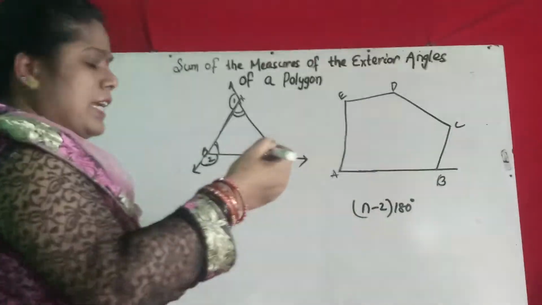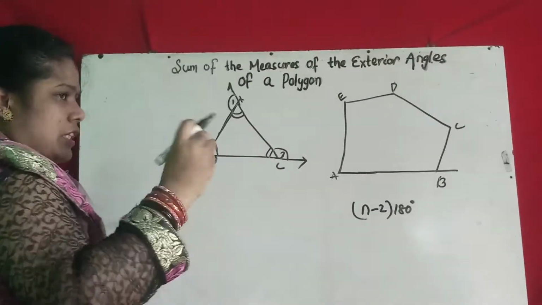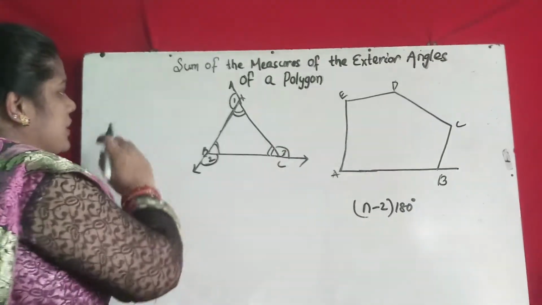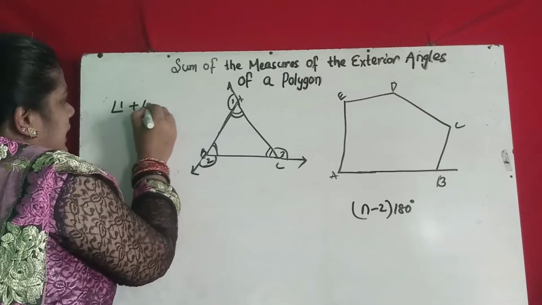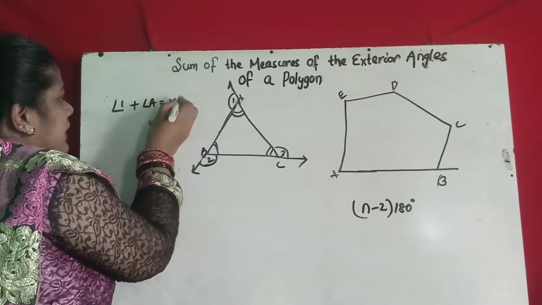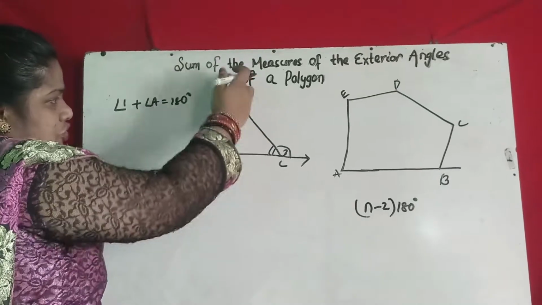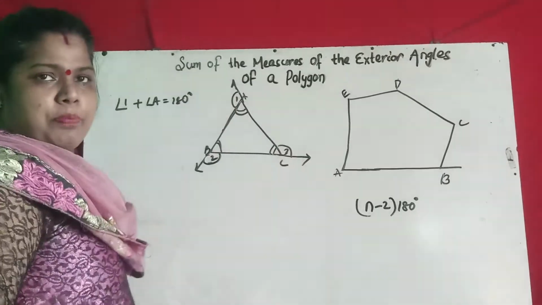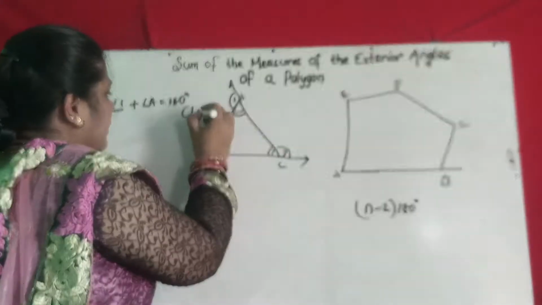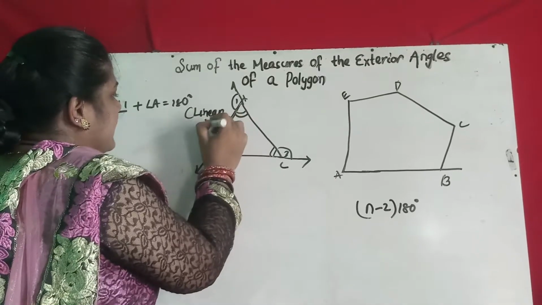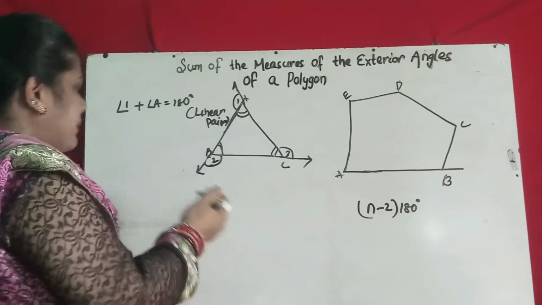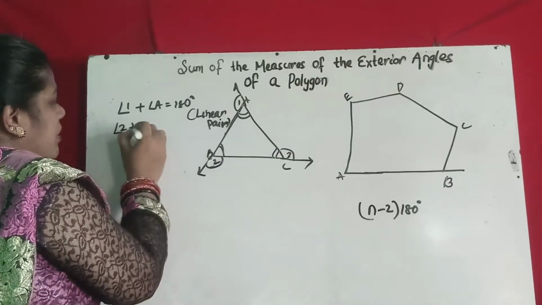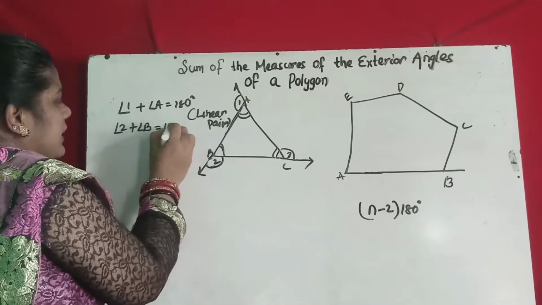To prove this, I want to do a little solution. Suppose angle 1 plus angle A equals 180 degrees. You know it. It is a straight line and they are a linear pair. Same thing, angle 2 plus angle B is also 180 degrees.